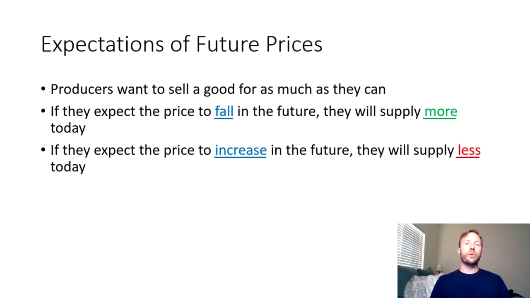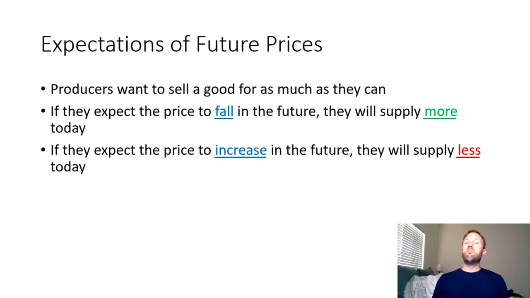What if future prices are expected to increase? Well, you're going to have the opposite. If you had your 100 ounces of gold and you were thinking about selling 10 ounces today, but you found out that the federal government was going to go on a big gold buying spree 2 months from now, and that was going to push the price up by, let's say, 20% or 30%, now you would be more reluctant to sell any of your gold because you know if you wait just 2 months, you can sell it for a better price.